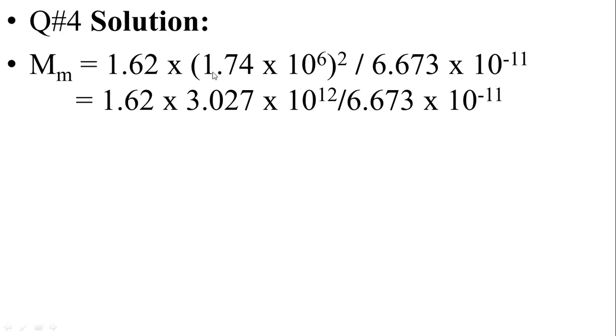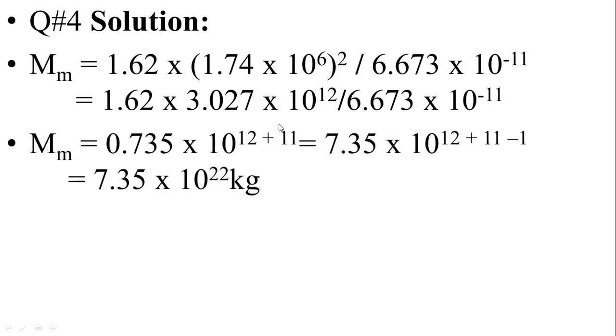Now taking the square of 1.74 is equal to 3.027, multiplied by 10 raised to power 6 square, which will be equal to 10 raised to power 12. Now further calculation: mass of the moon is equal to 1.62 multiplied by 3.027 divided by 6.673. The final answer is 0.735 multiplied by 10 raised to power 12.